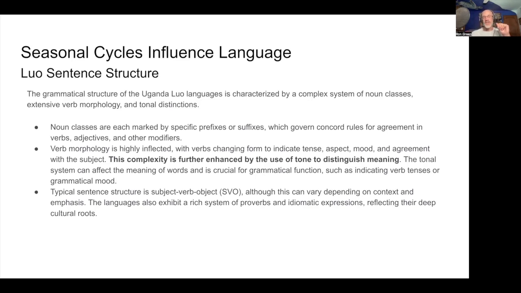And this is specifically talking about Nilotic languages, so languages that are associated with or in the same family as Luo. The languages also exhibit a rich system of proverbs and idiomatic expressions reflecting their deep cultural roots, like many other indigenous languages.